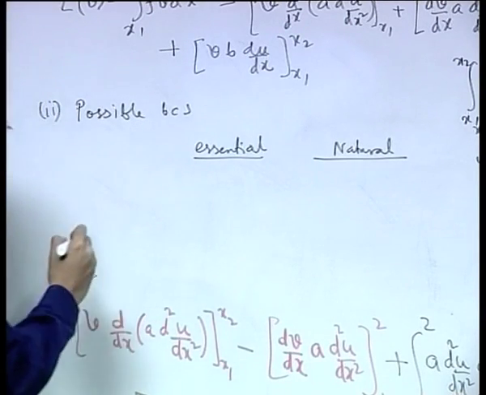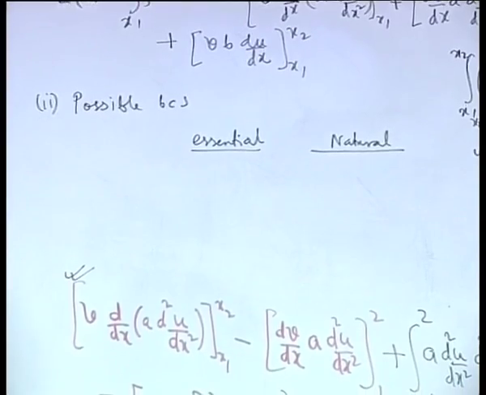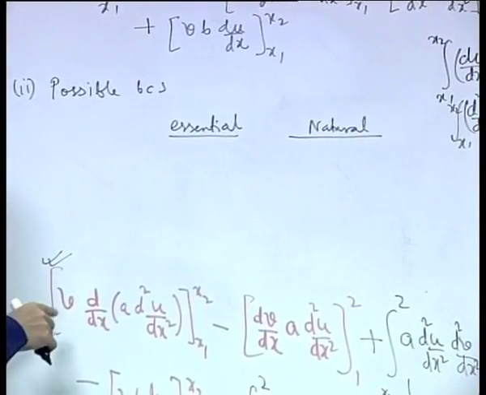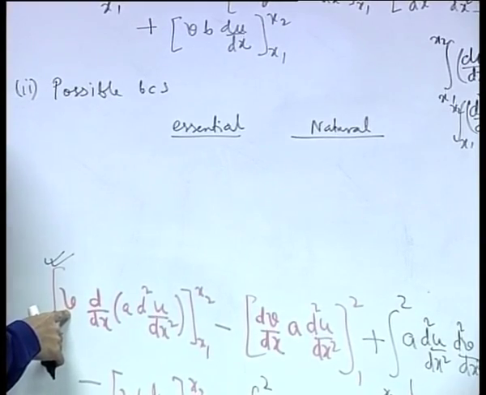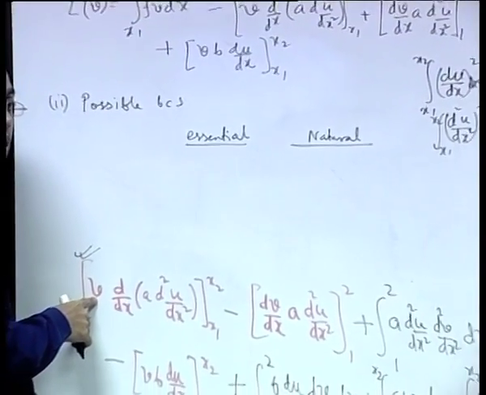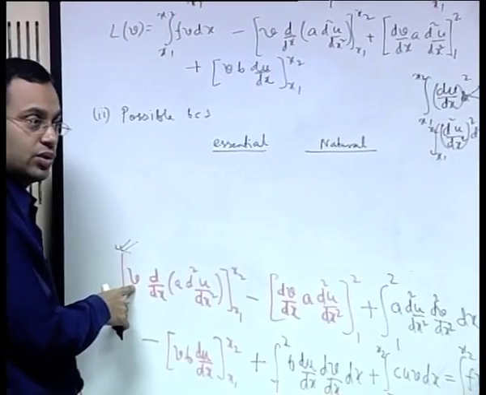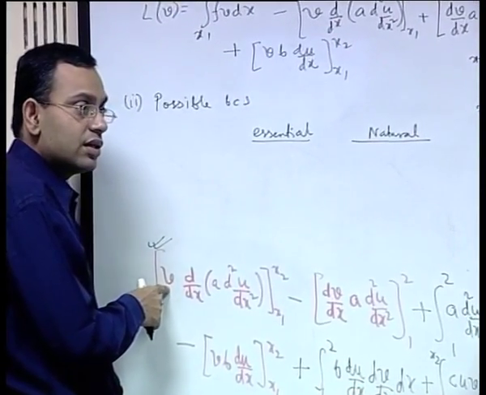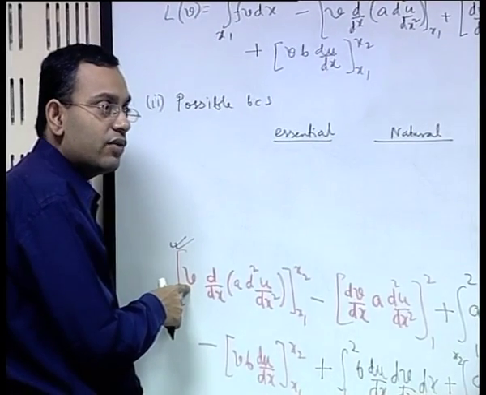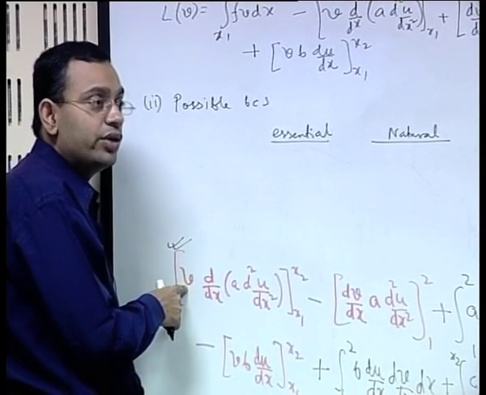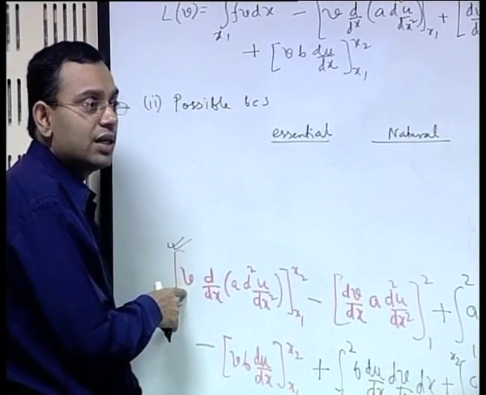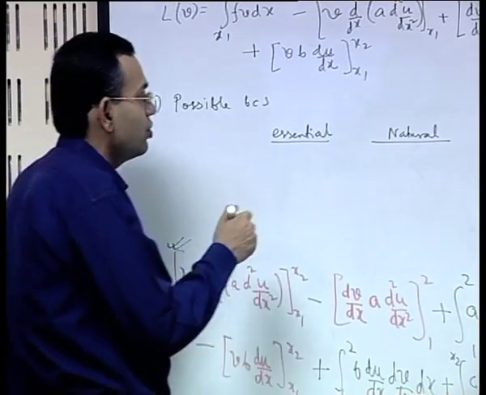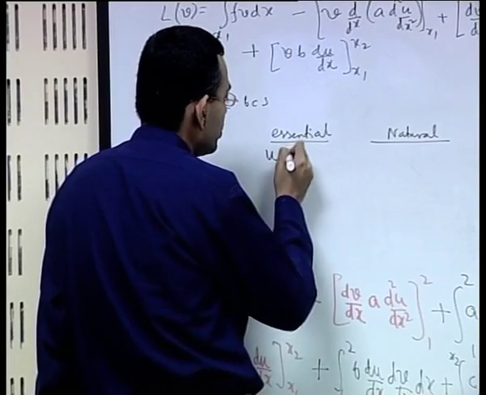First we consider this term. So, from this term what is the corresponding essential boundary condition? See, v is the variation in u. So, v is delta u. So, v is to be taken care of by specifying u. So, if u is specified, then variation of u is 0, or delta u is 0. So, essential is u specified.